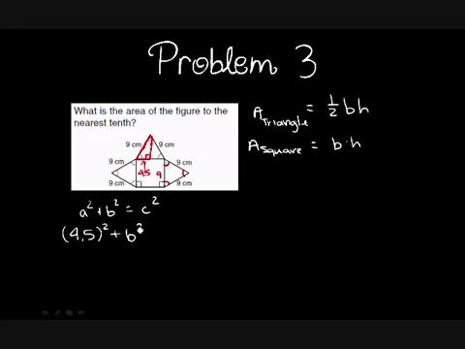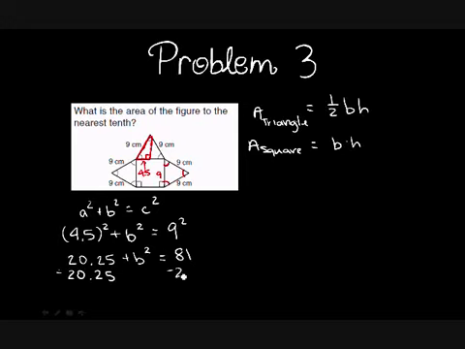We're trying to find b, that's the height. And then our c is 9. So 4.5 squared is 20.25, and 9 squared is 81. And if we subtract 20.25 from 81, we get 60.75.